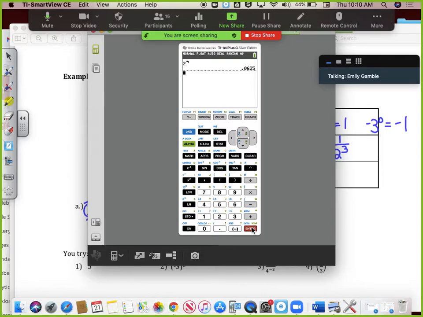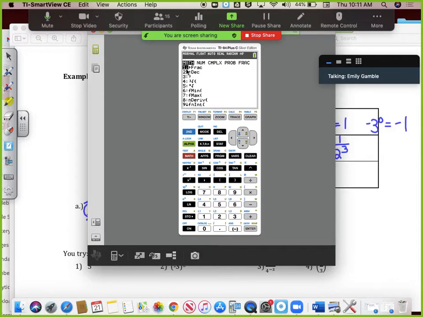Whenever you use your graphing calculator, they're always going to give you the answer in decimal form like this. And in this section, I think that fractions are the best form. Not that it would be wrong if you put 0.0625, it's still right, but for this section, I prefer fractions. So let me show you how you change a decimal into a fraction in your graphing calculator. All you need to do after you get your answer in decimal form is hit this math button, which gives you a bunch of different options.